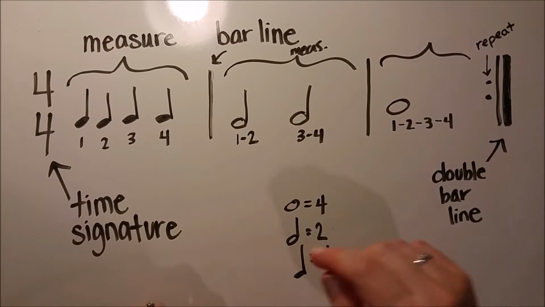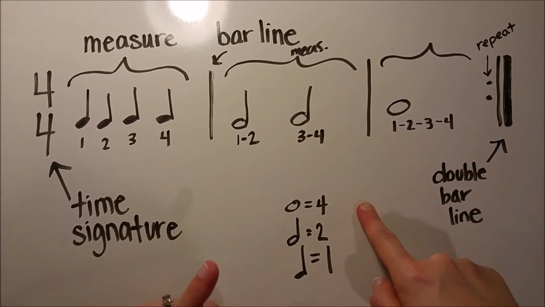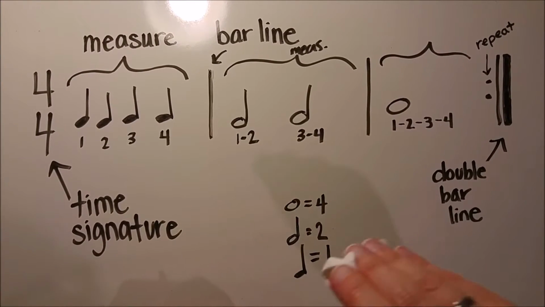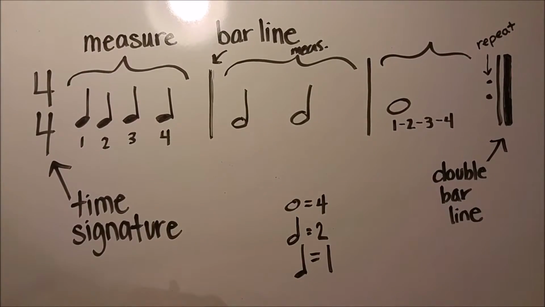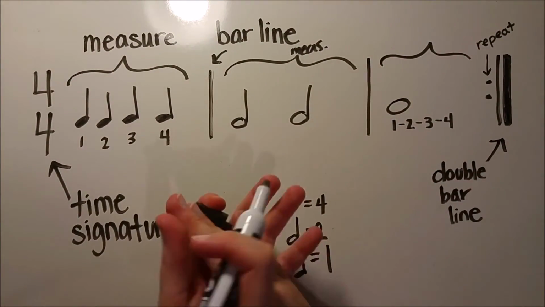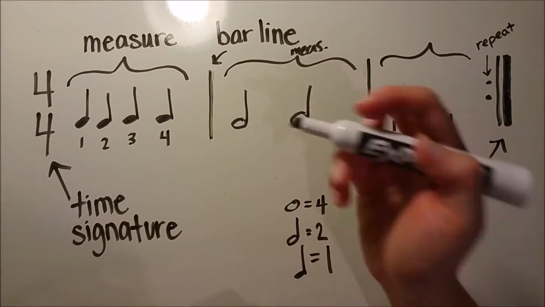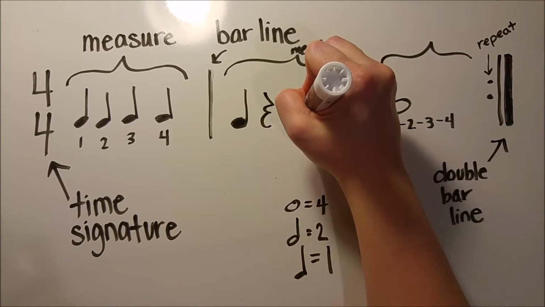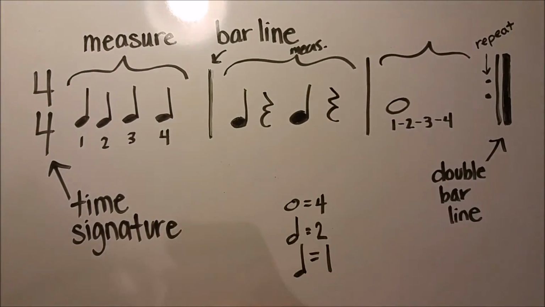Think if you were playing the piano, you would hold the key down for a longer note. If I didn't hold my hands together, if I wanted to pull my hands apart, 1, 2, 3, 4 like that, that would actually have rests in between these. Because remember, rests are for silence.